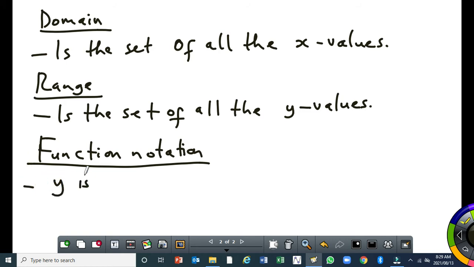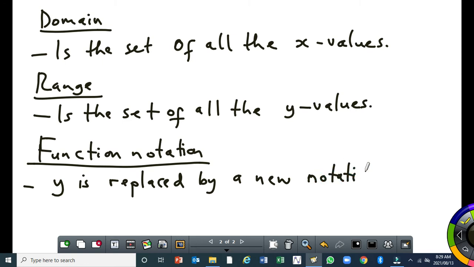Y is replaced by a new notation, function notation.